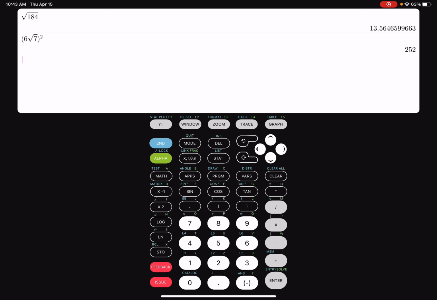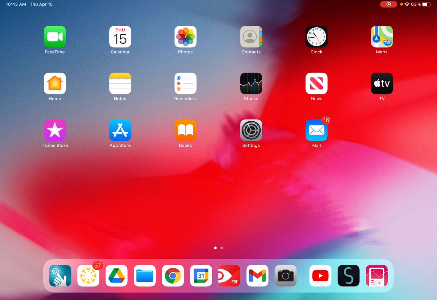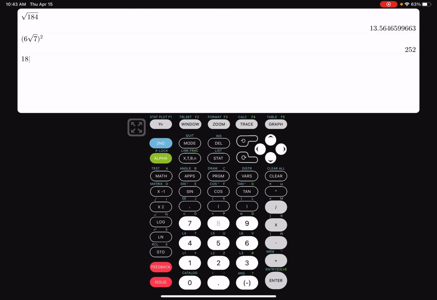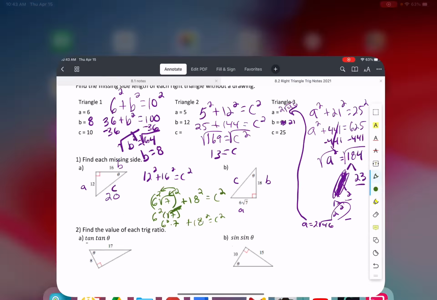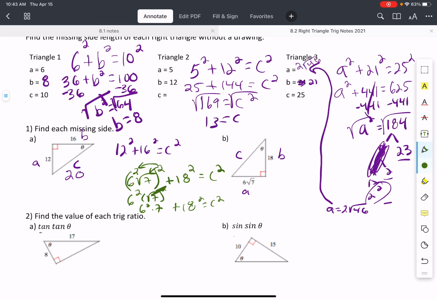252? Well, just for that part. For the total answer, I'm not sure yet. Let's see, what's 18 squared? 324. So what you should get is 252 plus 324, 577.